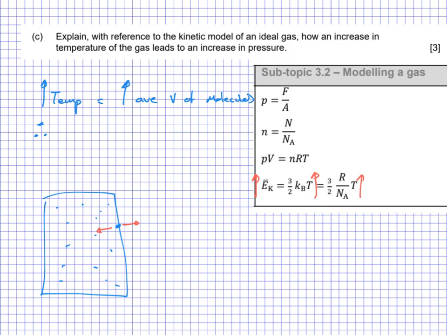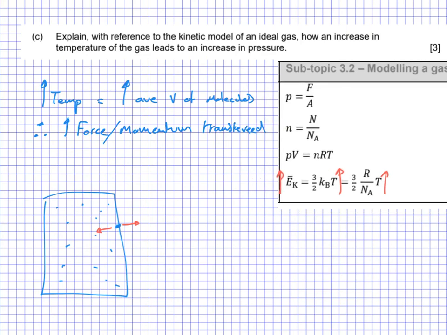Either way, what we can say is that the increase in average speed means that there's going to be an increase in the force, or we could say the momentum. In other words, the collision with the side of a container. So increase in the force and momentum transferred to the walls of container.